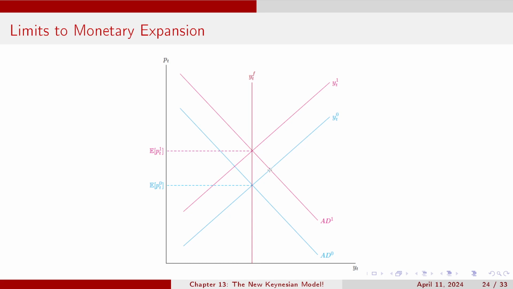So if we have, say, a price level here where short-run aggregate supply equals aggregate demand, but these two curves are not equal to long-run aggregate supply, you would just have, say, P1 or P0 prime or something like that. But when aggregate demand, short-run aggregate supply, and long-run aggregate supply all equal each other, then you have an expected price level, because now you've converged to a point where all firms were able to update their prices.